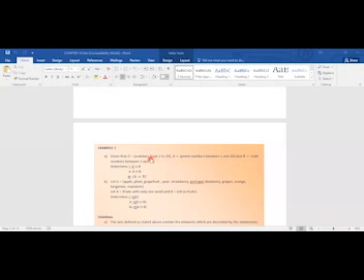So from 1 to 20 would include 1 and 20, while between 1 and 20 will not include 1 and 20. Another way they also say it, from 1 to 20 inclusive, means you are to include the numbers 1 and 20.